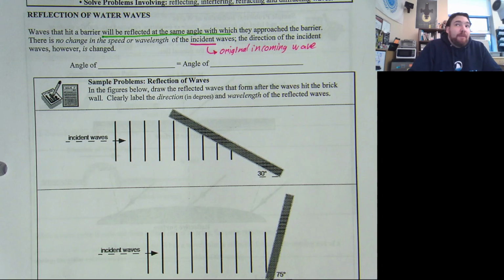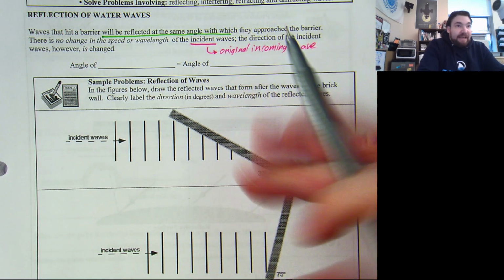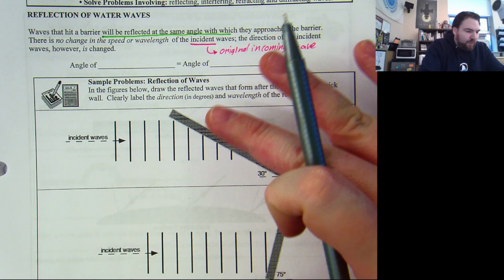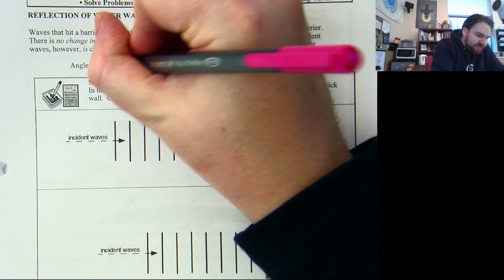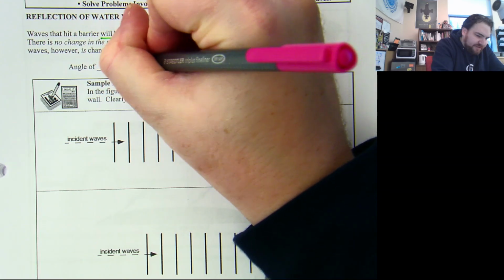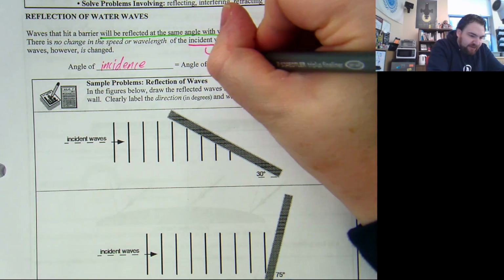One of the interesting properties of this is that if you've ever played pool, it's the same idea. It's all a game of angles. And like in pool, with waves the angle of incidence is going to be equal to the angle of reflection.